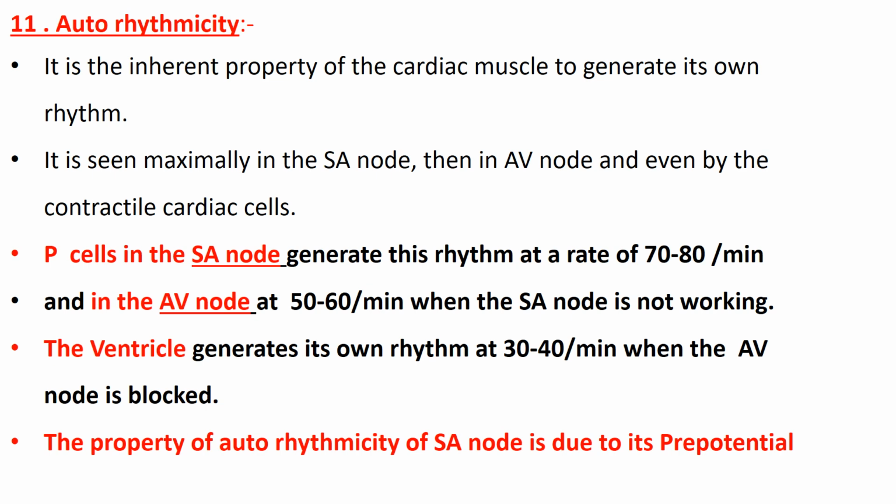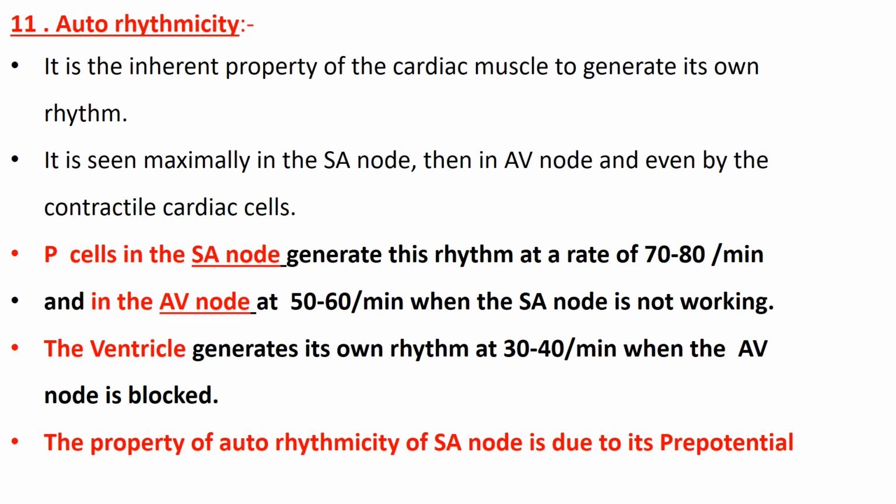It is not receiving any nerve fiber, still it is beating. It means that the nerve impulse is being generated within the heart, and this is the P cells in the SA node.